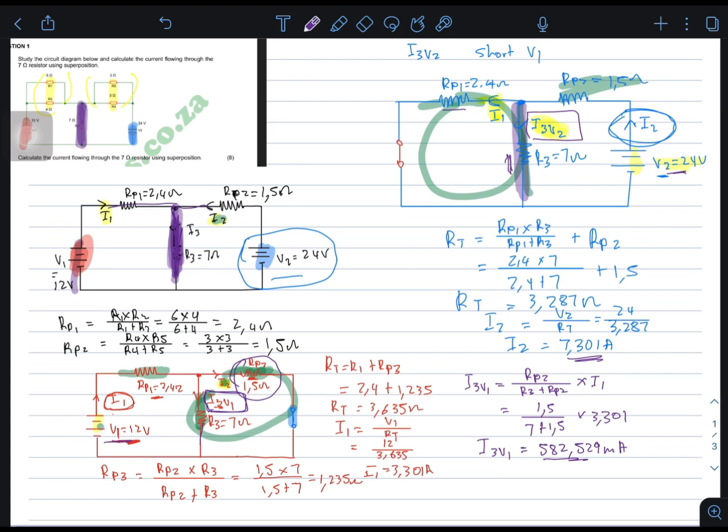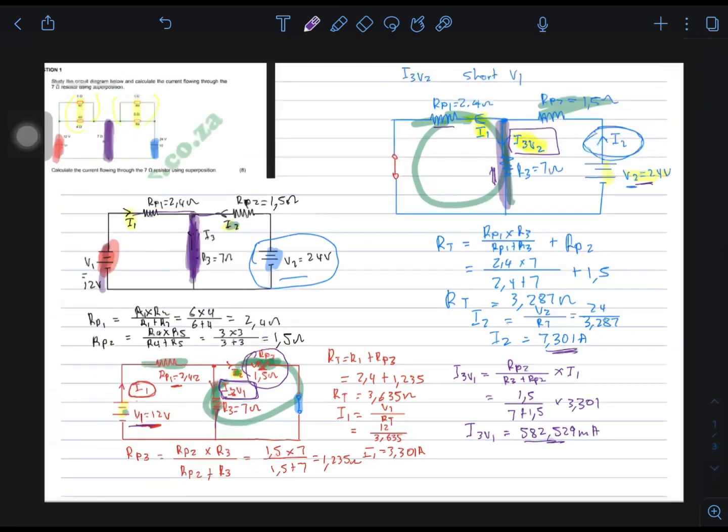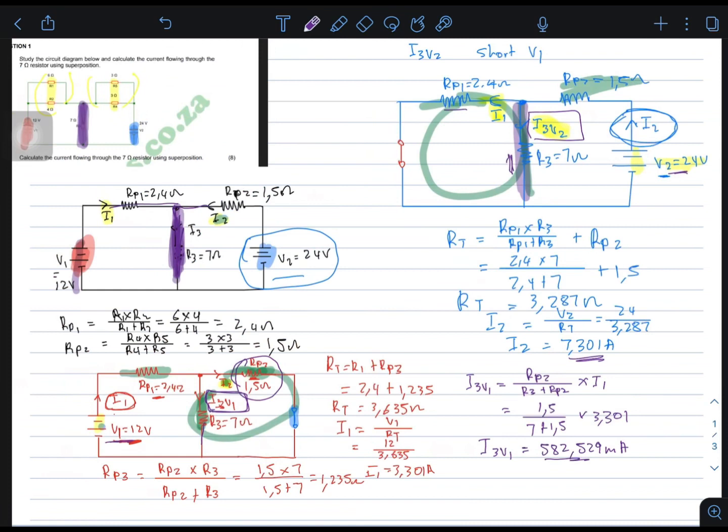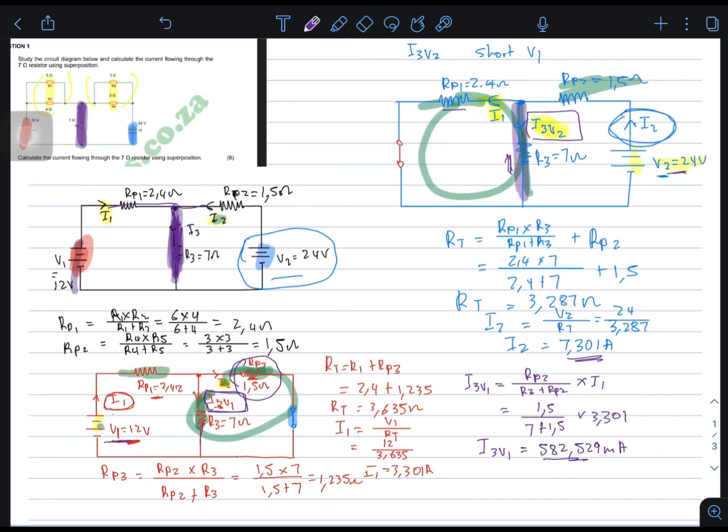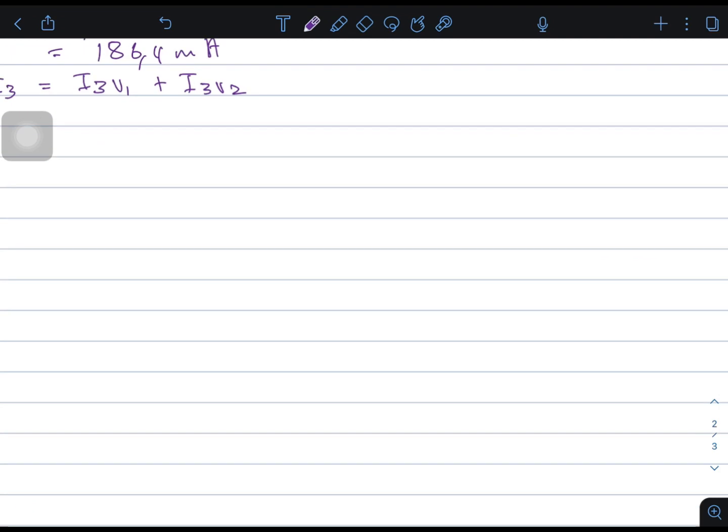If it was a different case where they flow in opposite directions, then you would have to subtract. But in this case they meet at that junction and flow in the same direction, so we add.